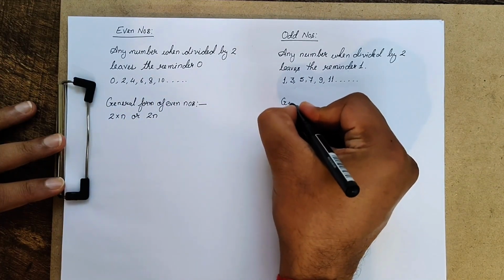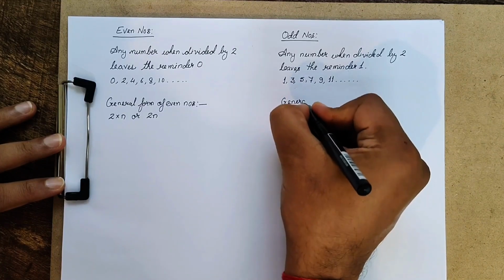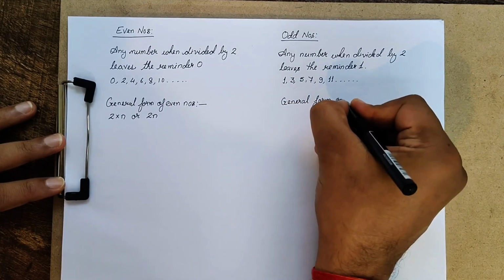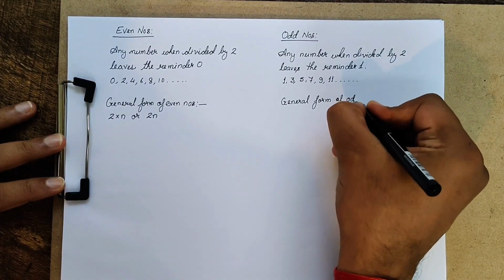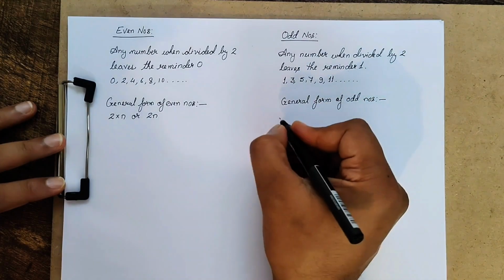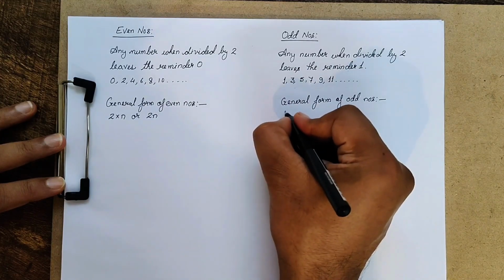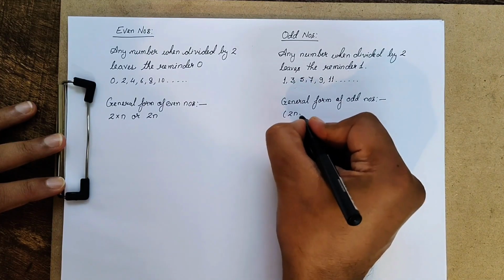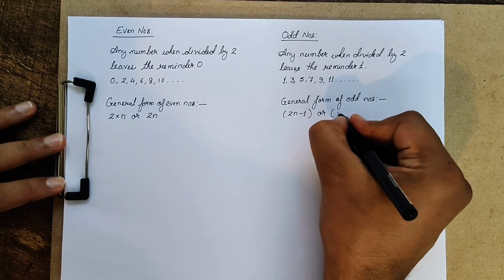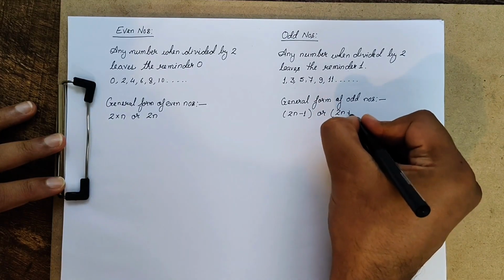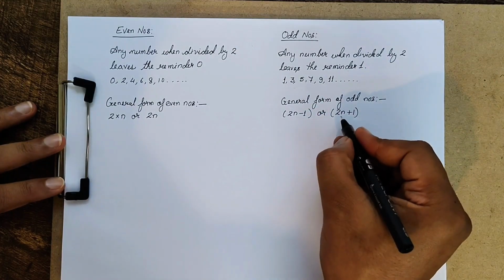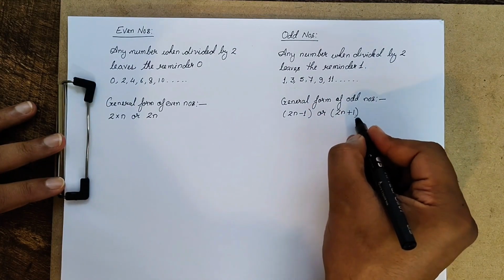Similarly, the general form of odd numbers can be written as 2n minus 1 or 2n plus 1. See here, if we substitute n with 0, we get 1.